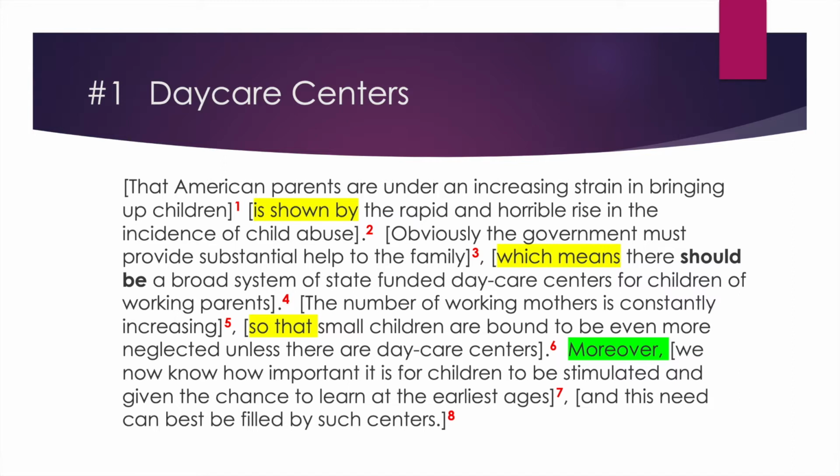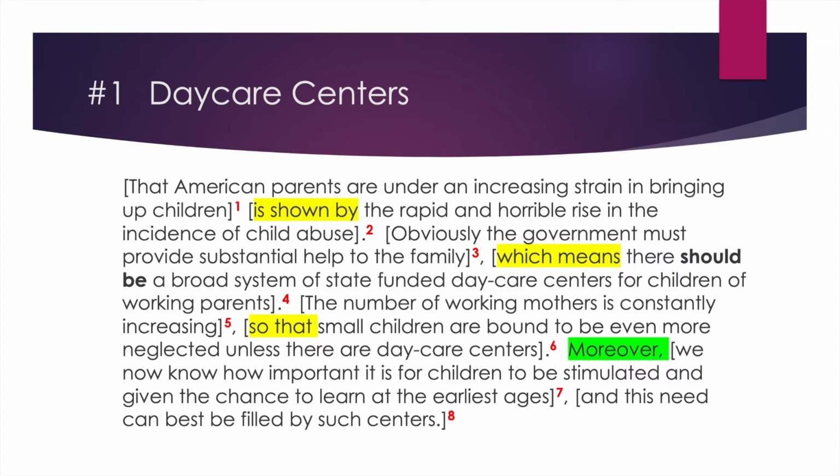The claim here, assertion number 4, is a policy claim, which we recognize because of the word "should," or "there should be." It's recommending a course of action or a public policy. And that's very often a clue that this might be the conclusion of the argument, the point to which the whole argument leads.